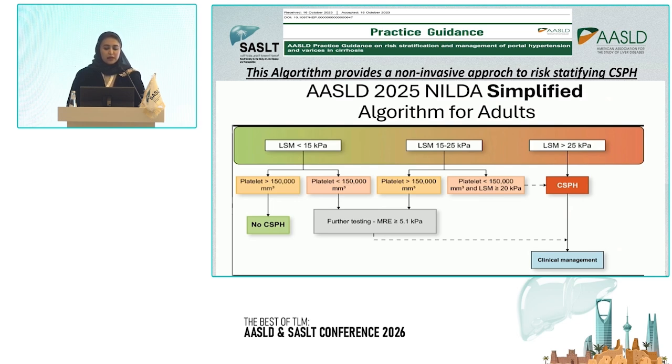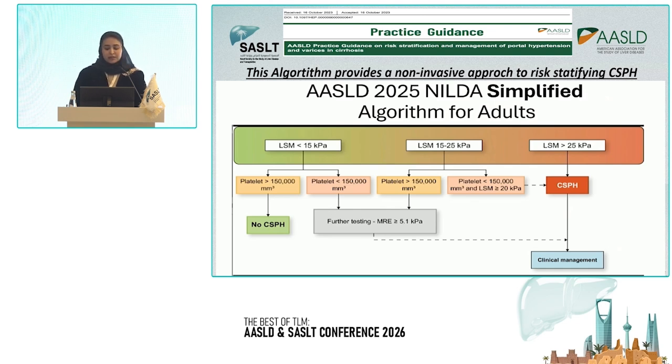This algorithm is primarily based on liver stiffness measures and platelet count. On the left side, when we have liver stiffness less than 15 with a normal platelet count, there is no evidence of clinically significant portal hypertension. But if the platelets drop below 150 or liver stiffness is more than 15, this indicates the situation needs more testing, and the patient needs further evaluation such as MRI or elastography.